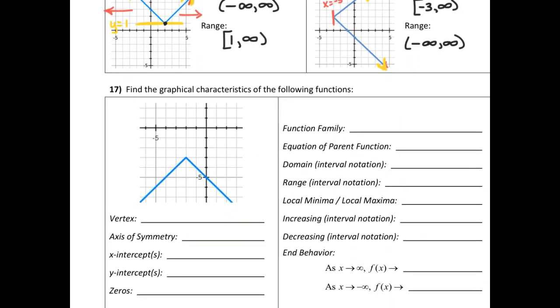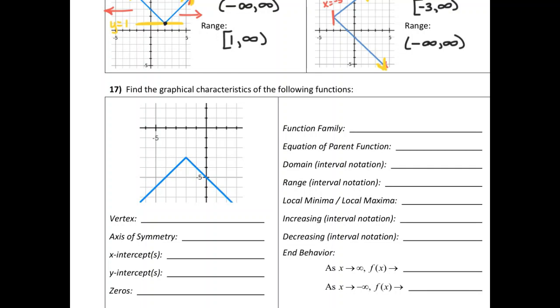Now, in number 17, you'll see the graph of an absolute value function. Hint, if you forget the name of the function family, absolute value, turn to the front page of the test. The front page of the test says, this is a test about absolute value functions.